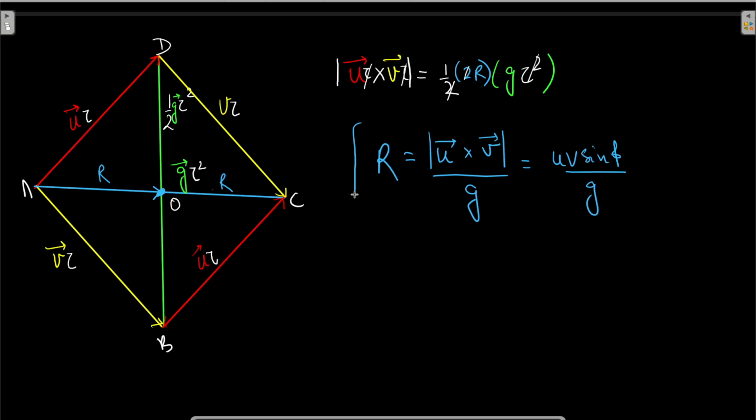So this is also one of the rare formulas we see in our course. Again we can see that this is maximum only when sine phi is 1. That automatically means phi should be 90 degrees.